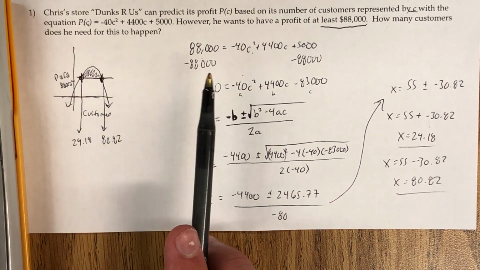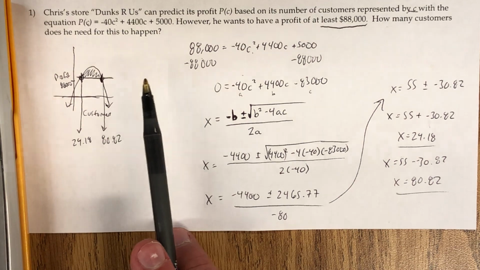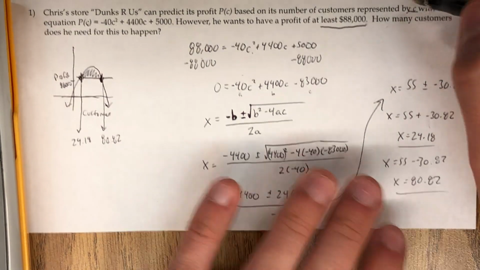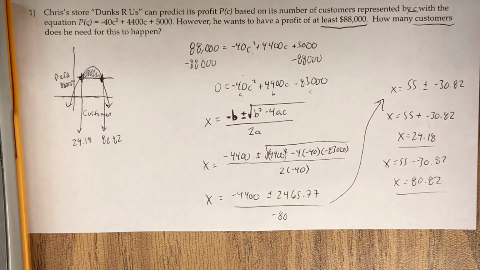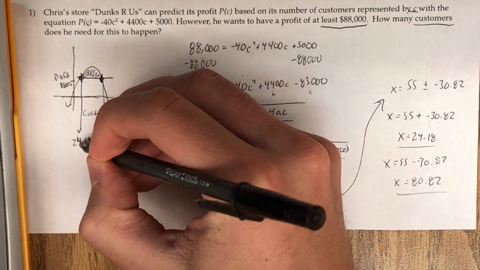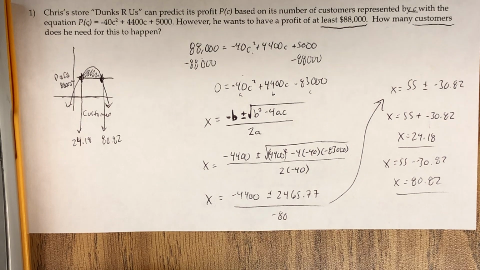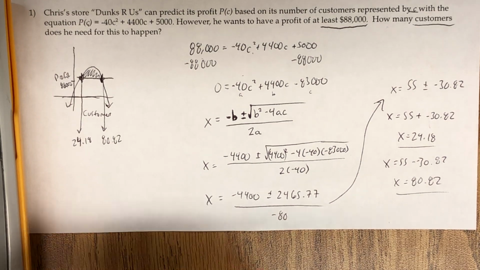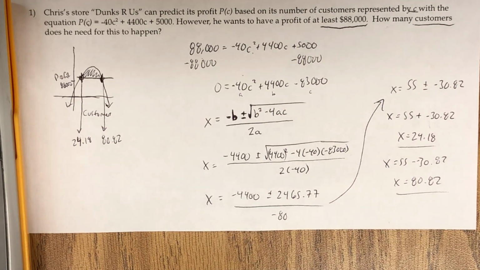But we want to think about it in the context of this problem. It says, how many customers does he need for this to happen? It doesn't really make sense to have 24.18 customers. You can't have 0.18 of a person or 0.82 of a person. So we have to round either up or down depending on this problem.